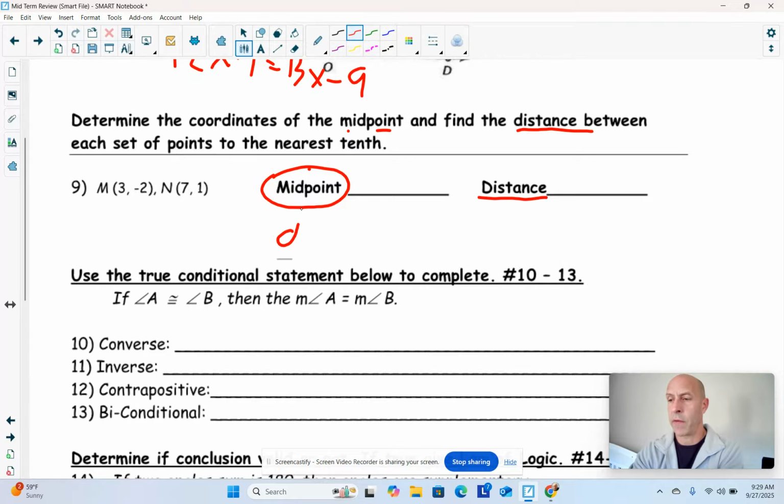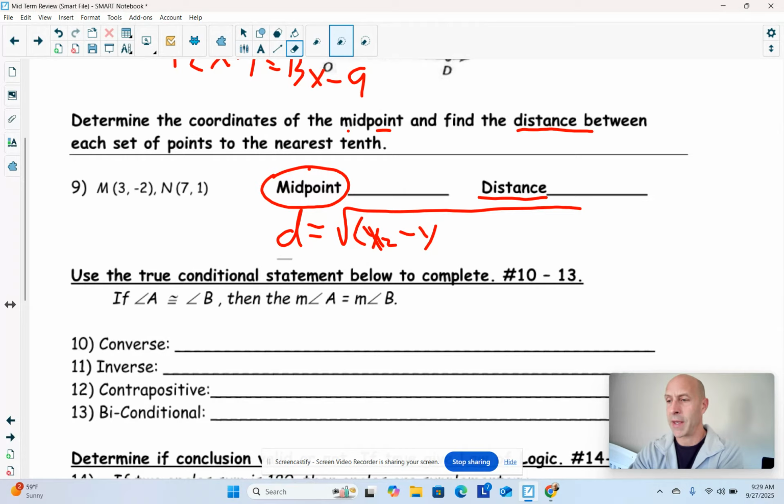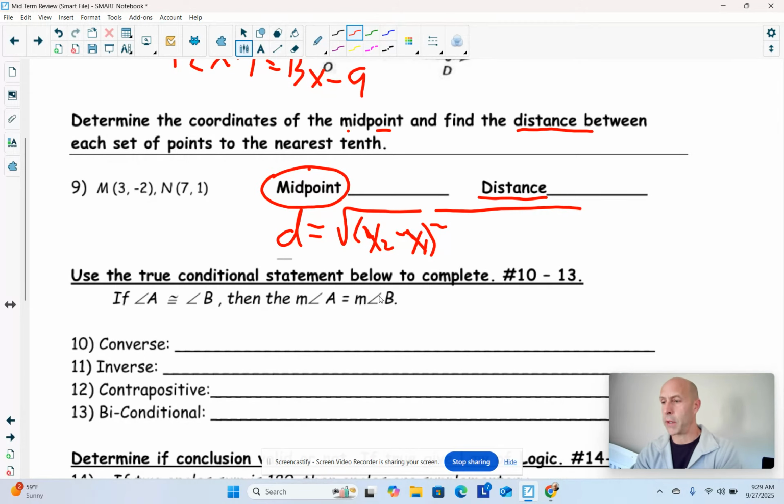The distance formula says that it's the square root of x2 minus x1, my bad, I got that backwards, quantity squared, plus y2 minus y1 quantity squared.